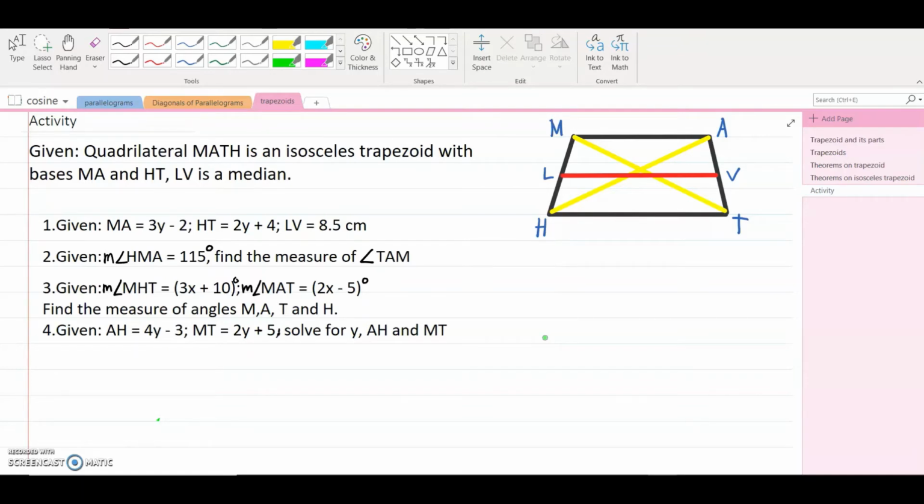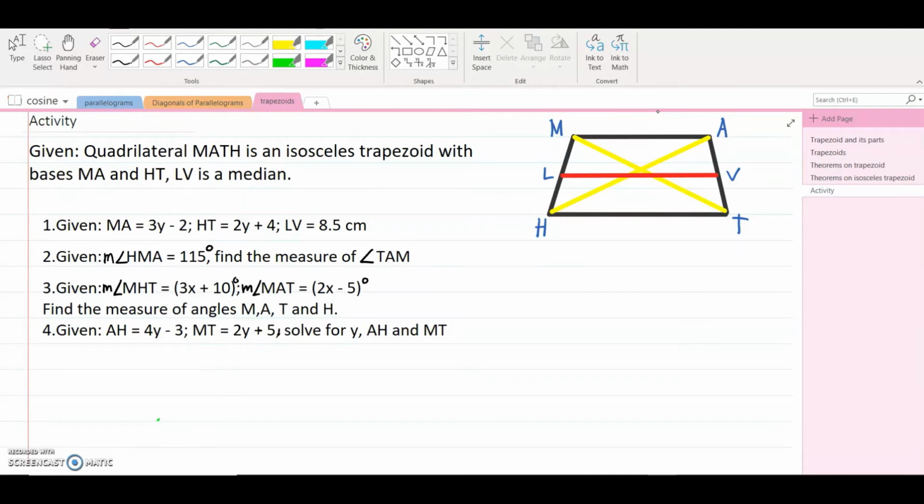We're given MA equals 3y minus 2, HT equals 2y plus 4, and LV equals 8.5 centimeters. So we are actually looking for the actual length measures of MA and HT, and for the value of y as well.